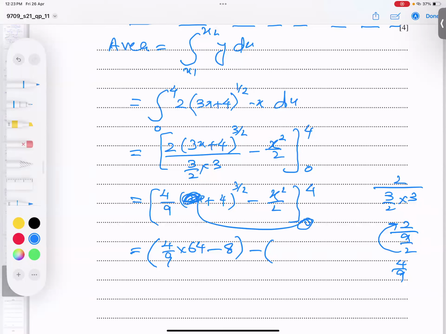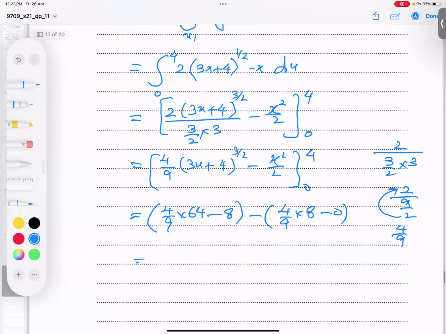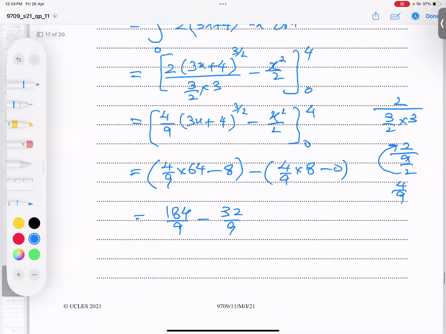So 4 to the power 3 by 2 is 8. So 4 by 9 into 64 minus 8, and minus 0. I believe you got my point. The first fraction is coming 184 over 9, the second is coming 32 over 9. And if I type in the calculator, I got 152 over 9.